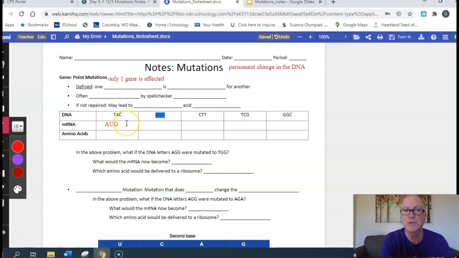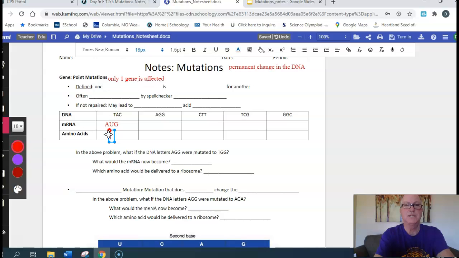We've broken it into threes to show the codons. Then I want you to use your genetic code table, either the box or the circle, to figure out what amino acids are coded for. So if you look up AUG, you'll see that that codes for methionine, and I will abbreviate with 3 letters. So finish that table, then start the video again.